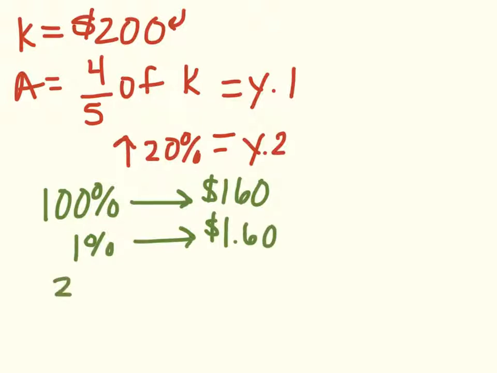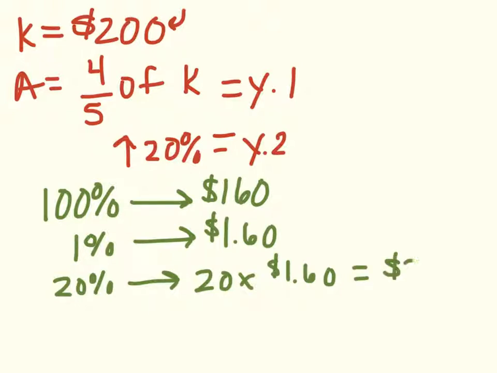And a 20% increase would be valued at 20 times $1.60, which would give us an answer of $32. Okay? So his savings increased by $32 from year 1 to year 2.